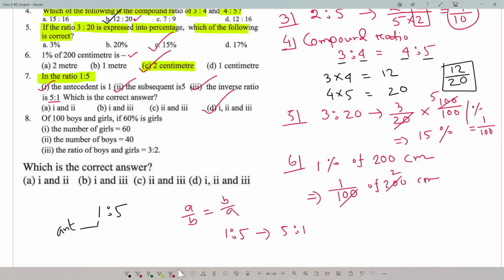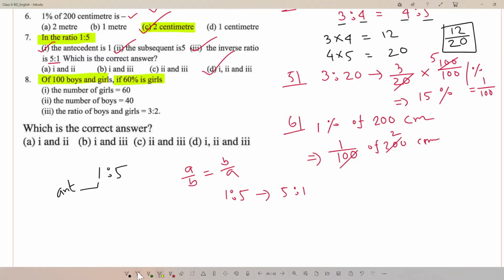Number 8. Here it mentions 100 boys and girls, if 60% are girls. So look, if 60% are girls out of 100 boys and girls, so the total students is 100, including boys and girls. So 60% girls means 60 girls, it's true.